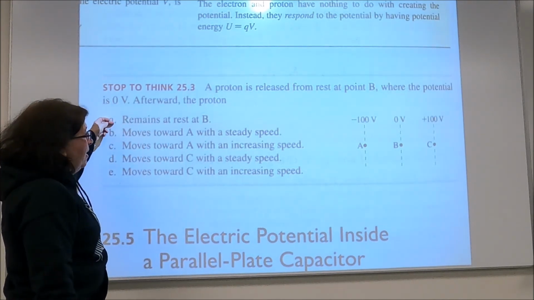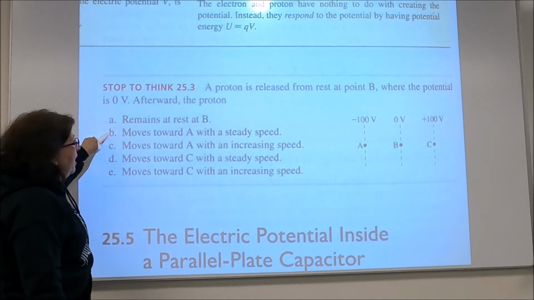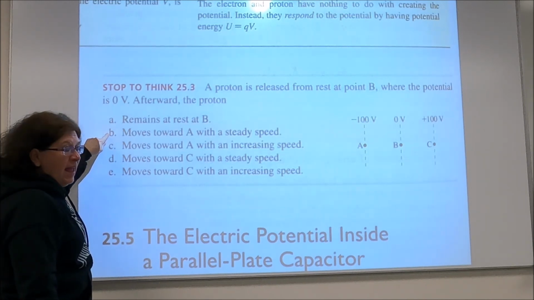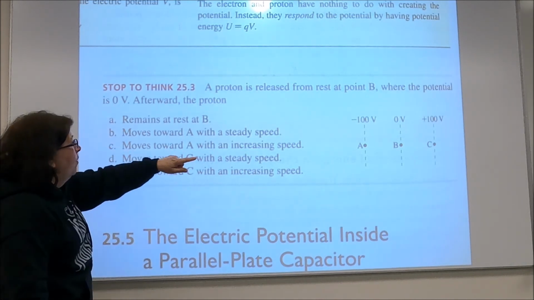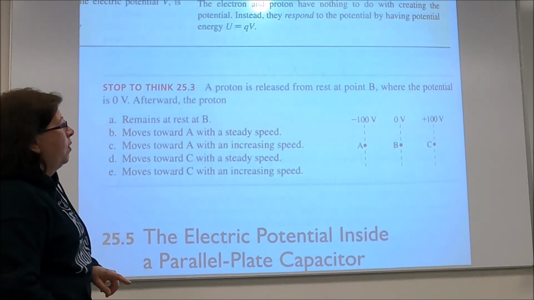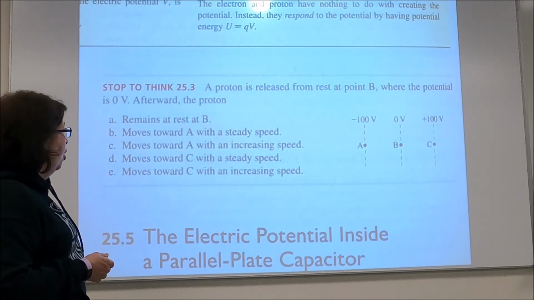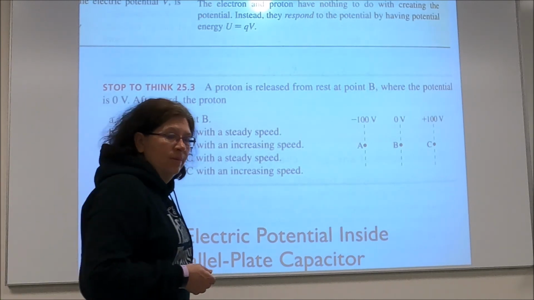It's not going to remain at rest because it's experiencing an electric field, so an electric force. If it's experiencing a constant force, then it can't be moving at a steady speed. Remember, the net force has to be 0 for something to move at a steady speed. And it's always going to move in the direction of the electric field, which points from higher electrical potential toward lower electrical potential.